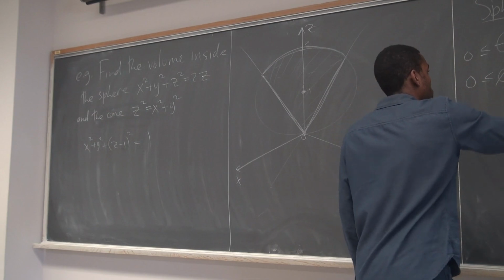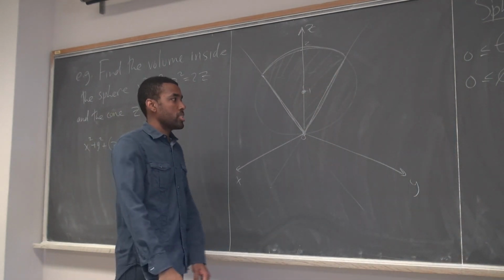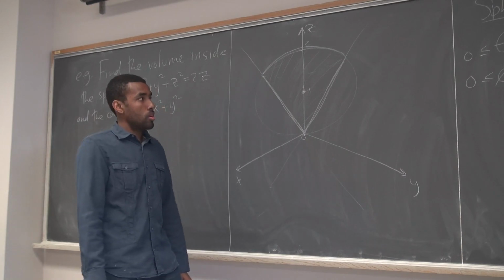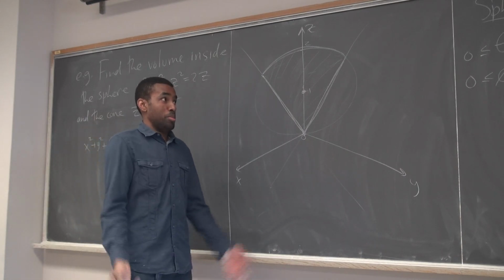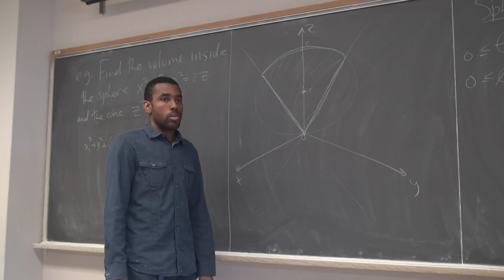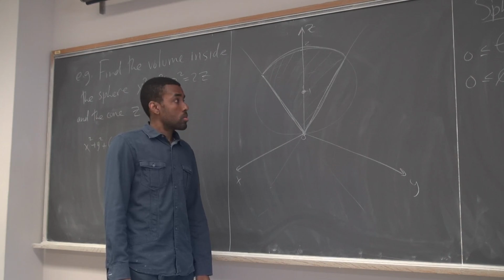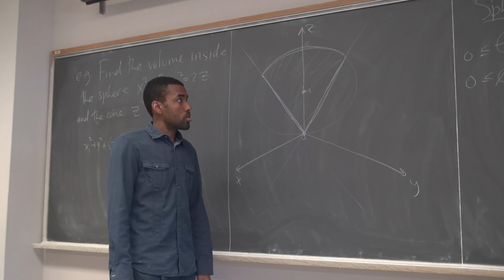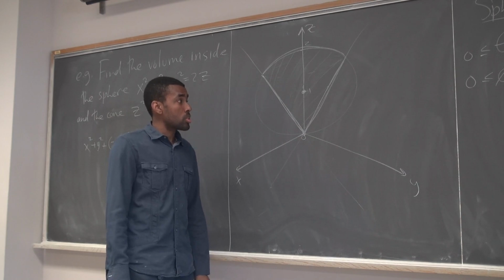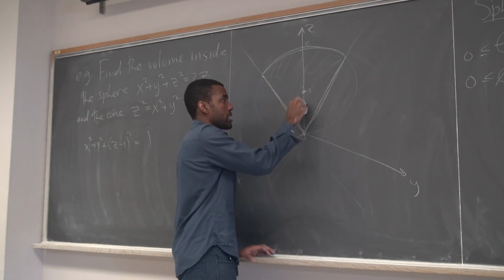Why is there confusion here? Why is it not pi over 2? Because it's a cone. How do we know it's pi over 4? Where's phi being measured? If we drew in the angle phi, where would it be? From the z-axis down, right?